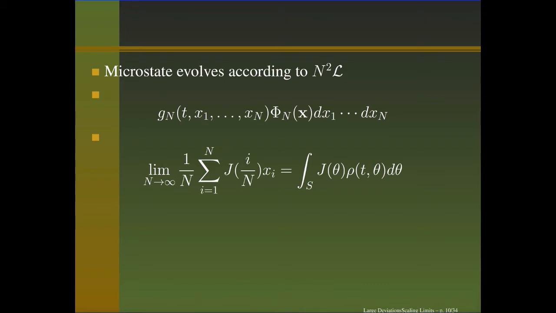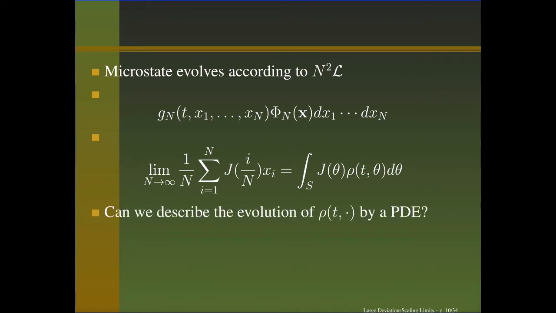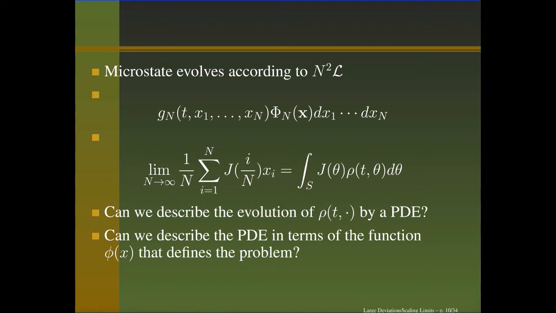So the goal is to describe how rho t evolves. Hopefully it evolves according to a PDE, and we can describe the PDE in terms of the function phi that defines the problem. You have to make a computation: how it changes, you compute d of this.